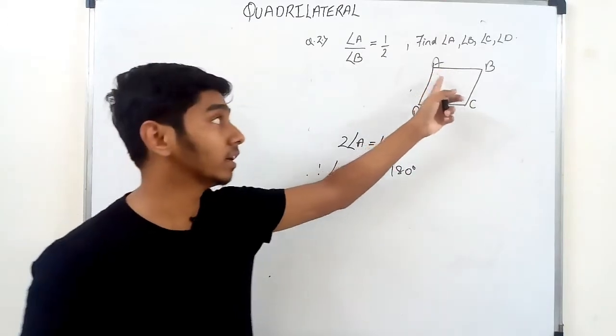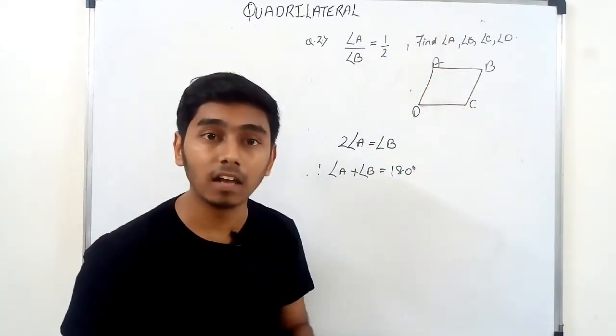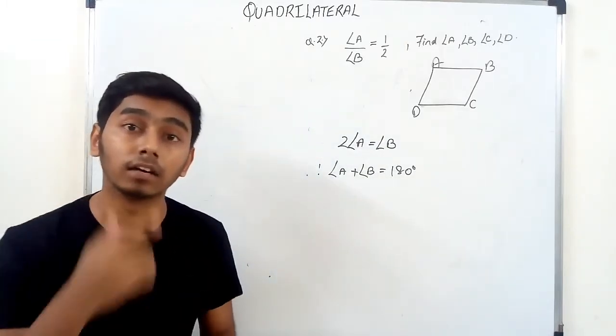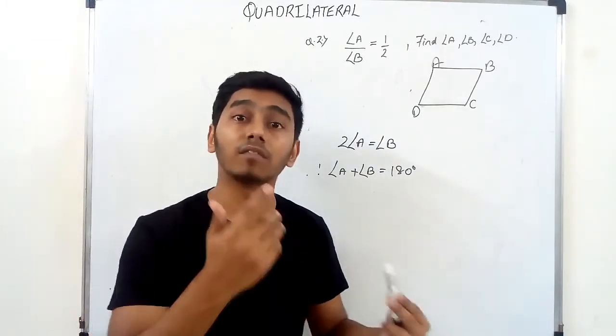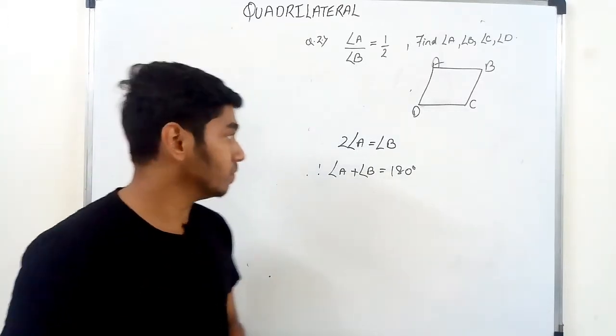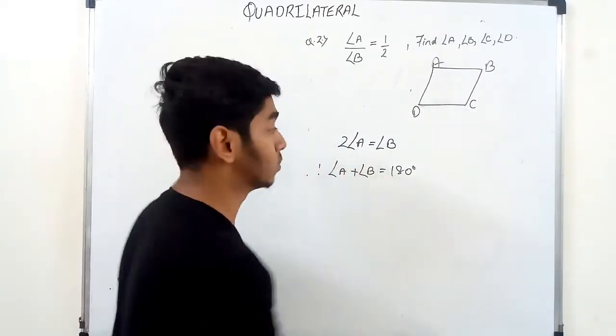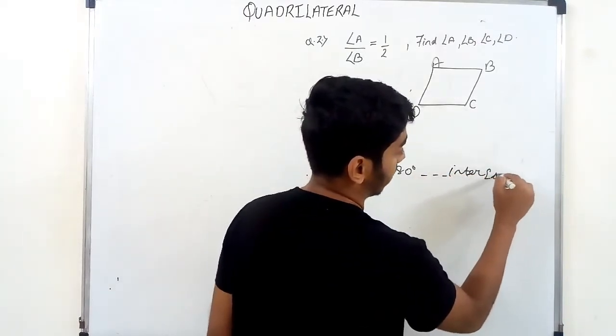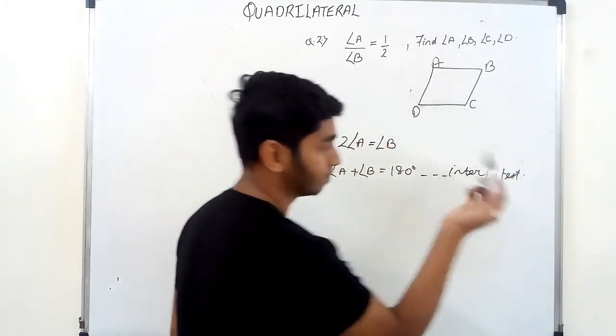You very well know that this is an interior angle. If you are getting confused about what an interior angle is, you can go check the chapter on parallel lines, where I've explained what an interior angle is and also the theorems on that. So angle A and angle B is 180 because of the interior angles theorem.